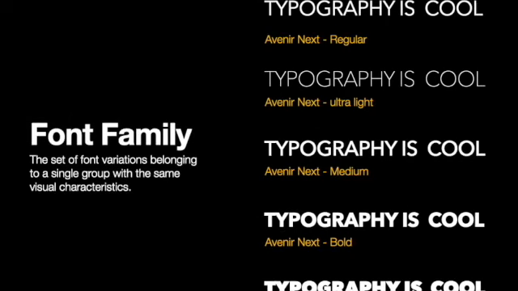A font family, therefore, is basically a set of fonts that have the same characteristic. For example, the letter Y in all of its characteristics are the same, but it will have variations within it in terms of weight. So this font family of Avenir all has some basic common characteristics even though the weight is changing each time.